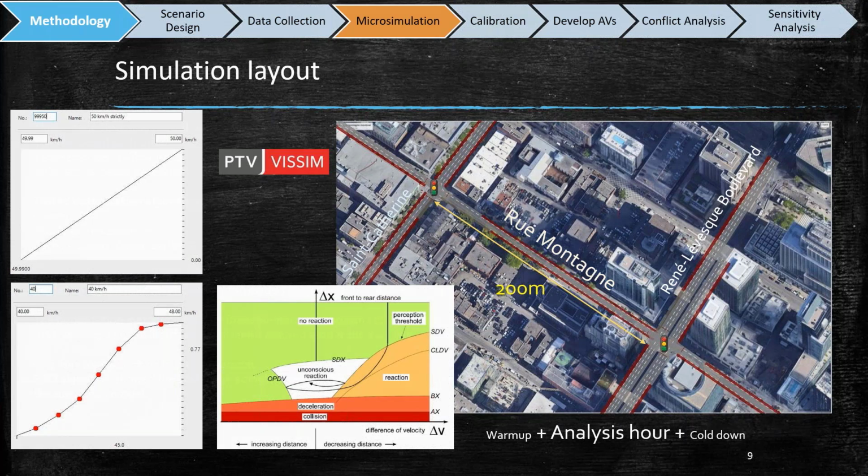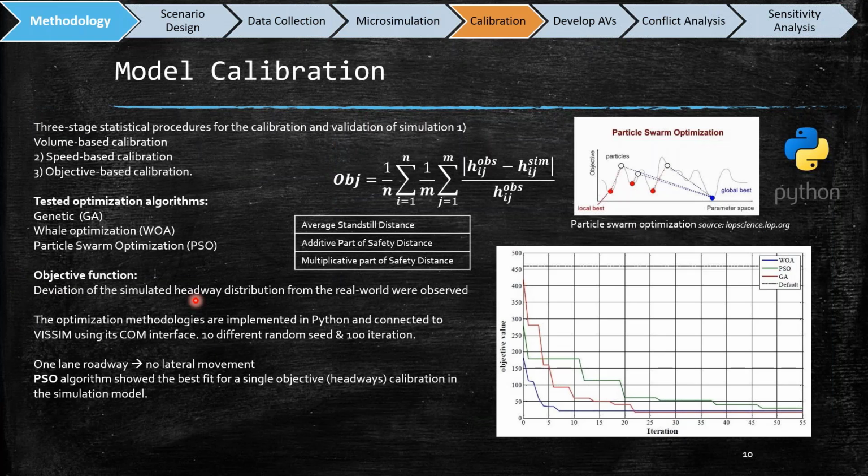So the next step is to calibrate the model with the actual data. Calibration is the process in which input parameters are defined, so we need to calibrate the model in a realistic manner.